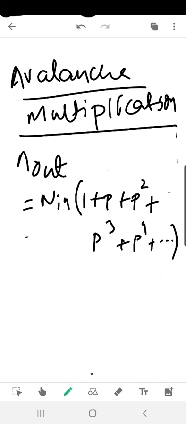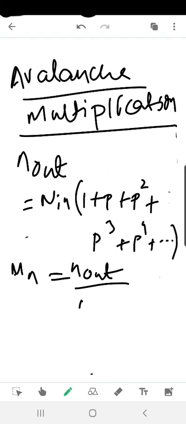We represent n out upon n in as electron concentration. The electron concentration will be the total number of output electrons divided by input electrons. If we say Mn represents electron concentration, then it will be given as n out divided by n in. So the value of n out was this equation.